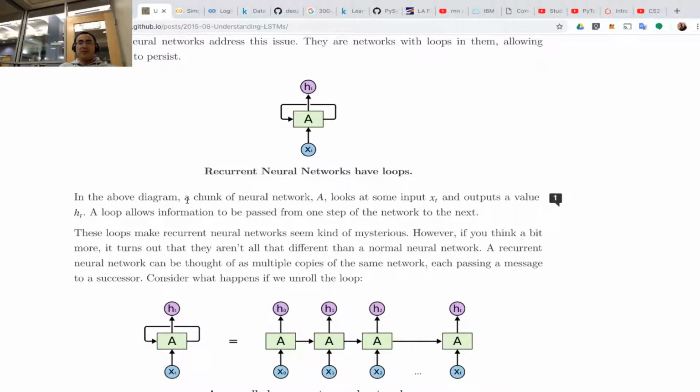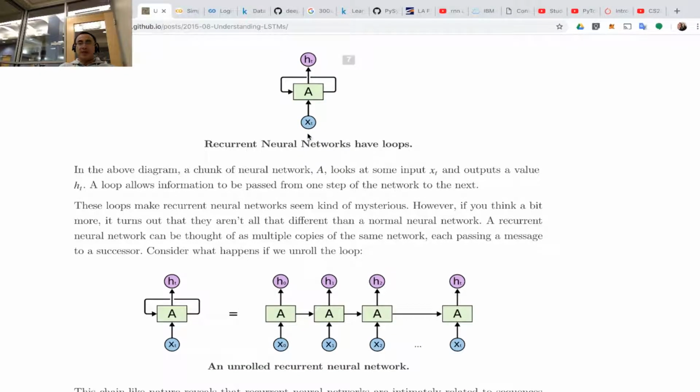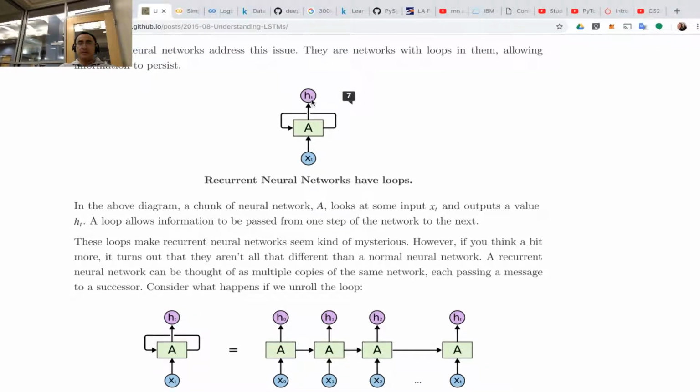In the above diagram, a chunk of neural network A looks at some input xt and outputs a value ht. A loop allows information to be passed from one step of the network to the next.